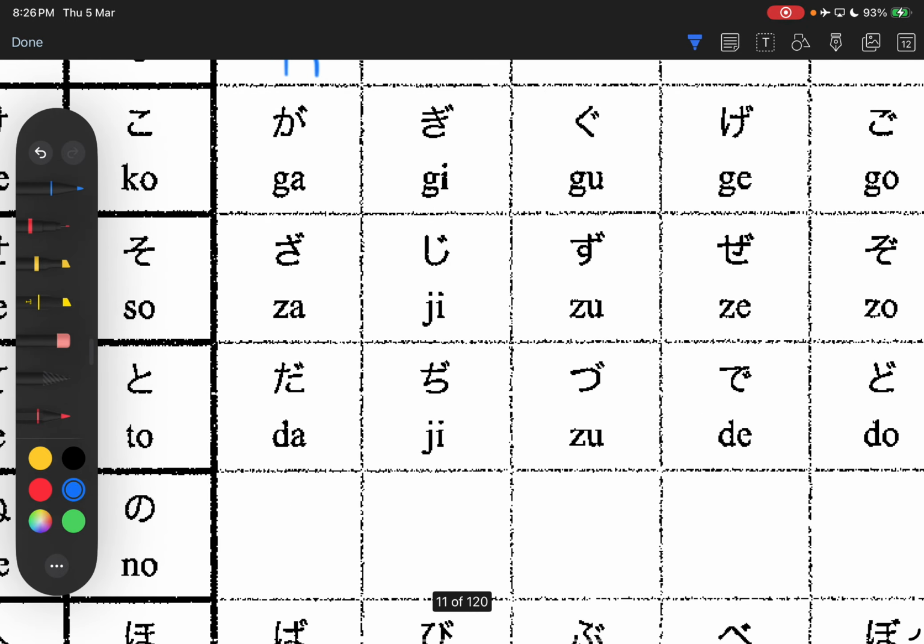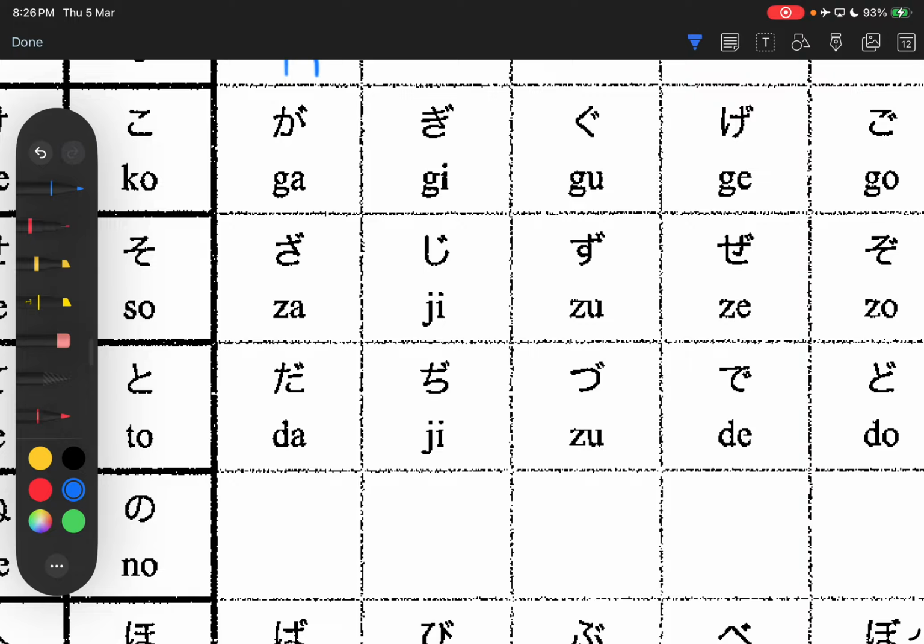Next line we have the S sound. We put 2 dots, it becomes the Z sound: za, ji, zu, ze, zo.